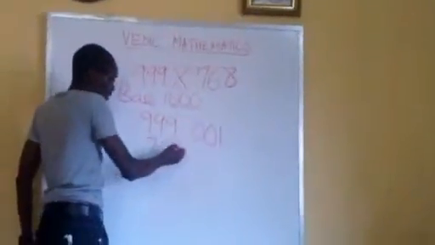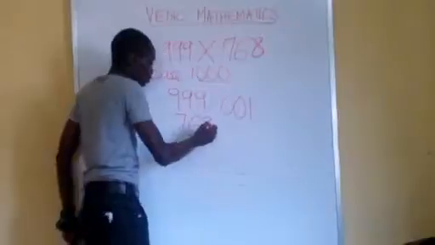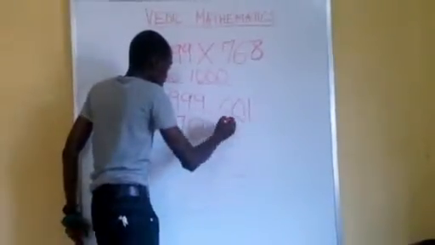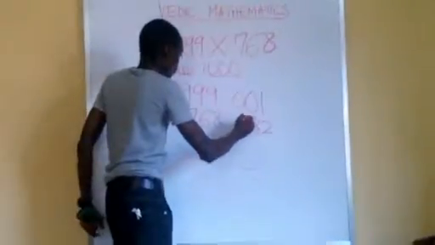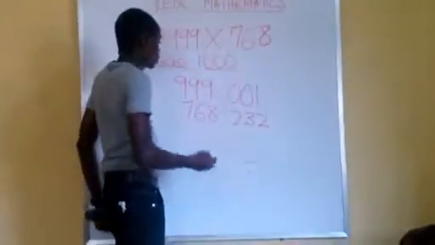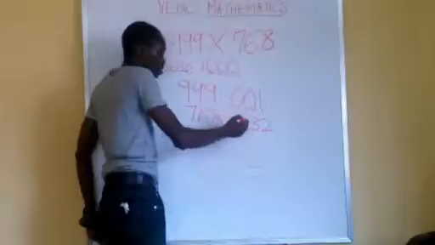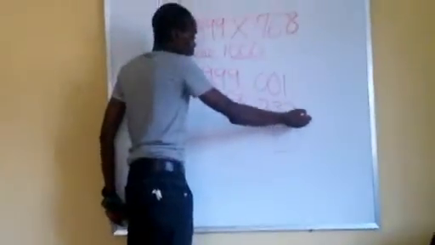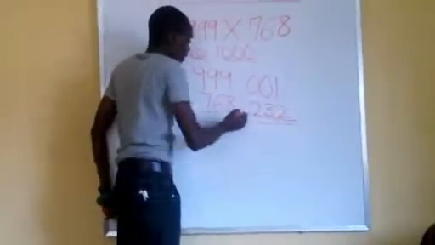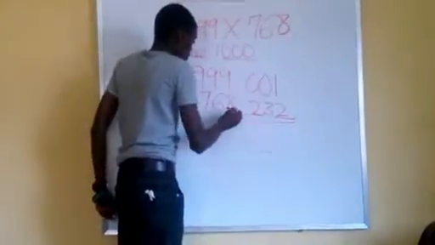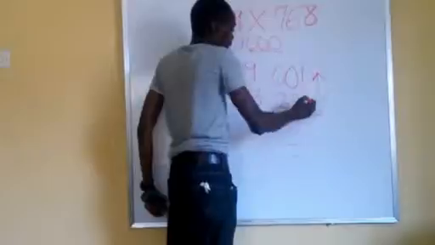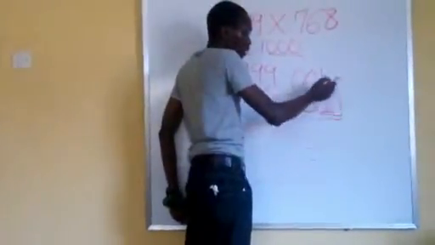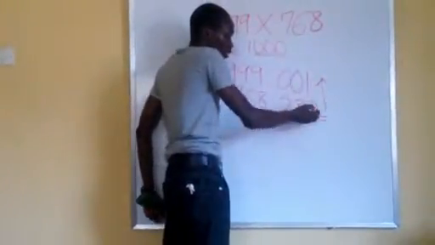768, 1000 minus 768 is going to be, we have 2, 3, 2. 1000 minus 768 is 232. So the next step, we're going to multiply these two numbers together. 232 times 1 is 232.